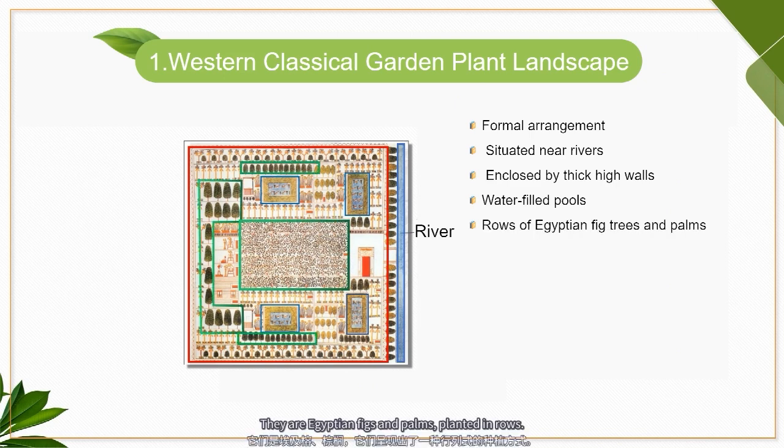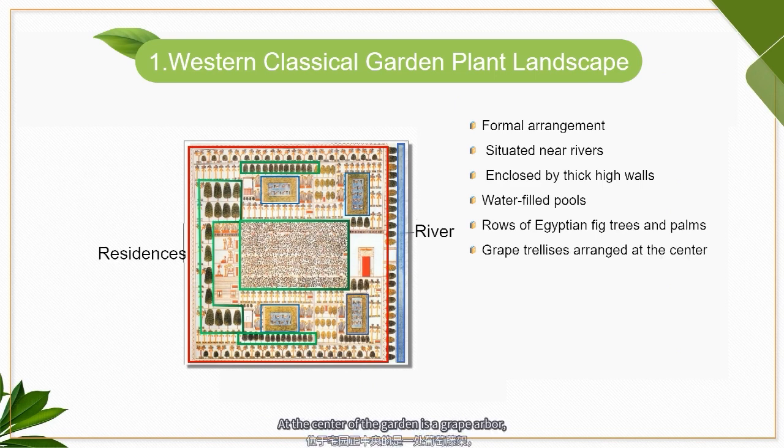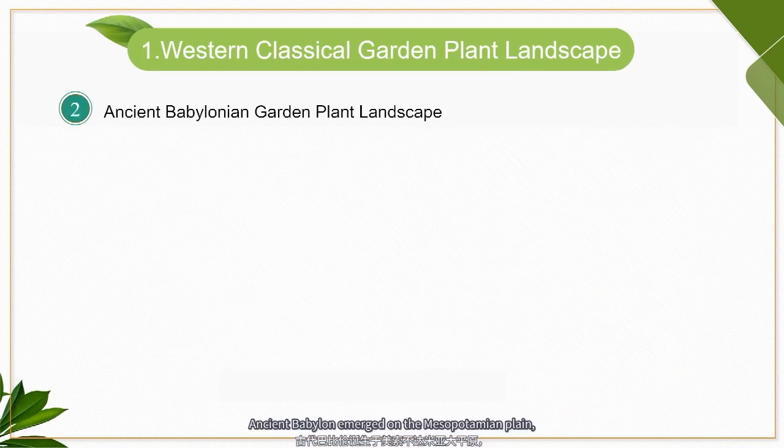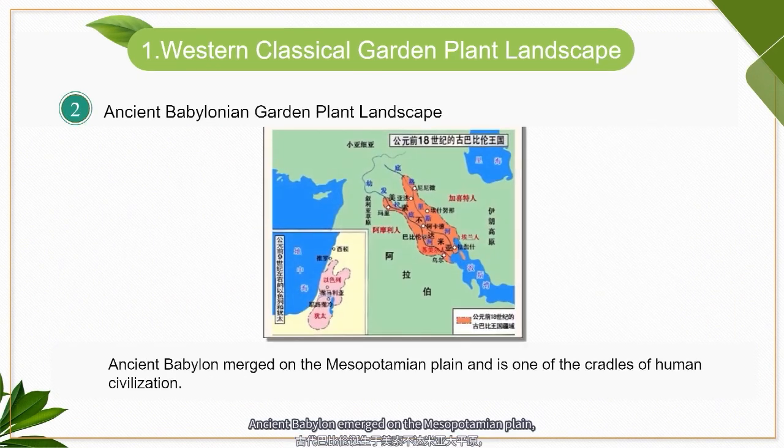They are Egyptian figs and palms planted in rows. At the center of the garden is a grape arbor, with pavilions shaded by fig trees and locust trees in front of the residence.